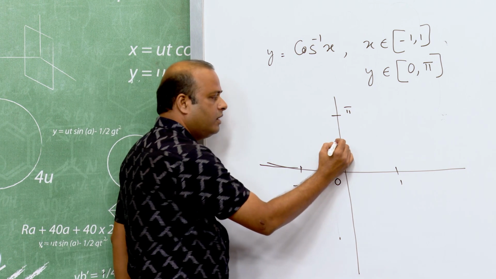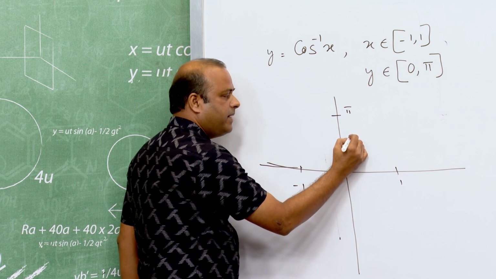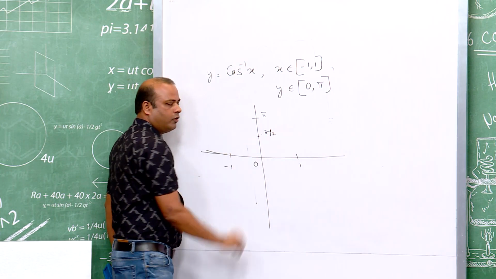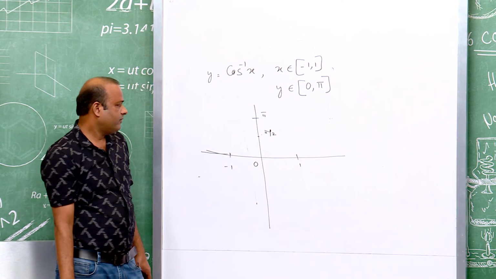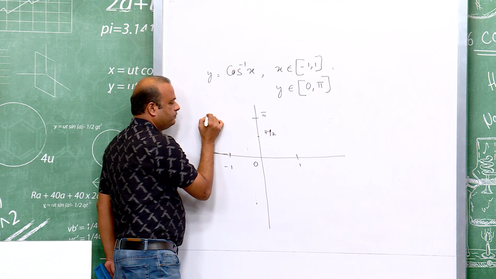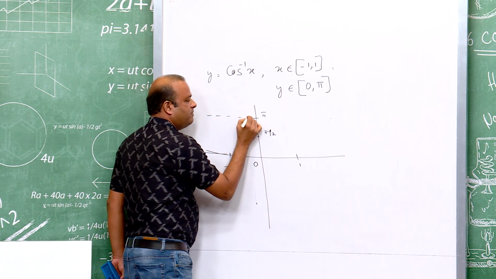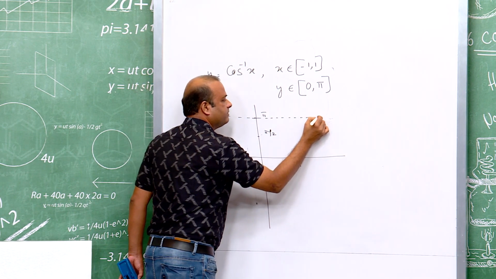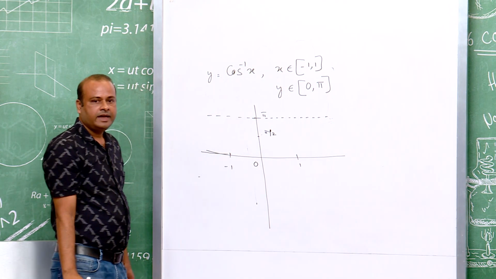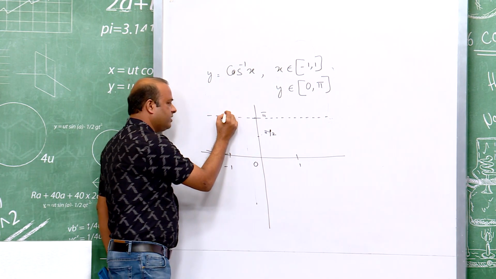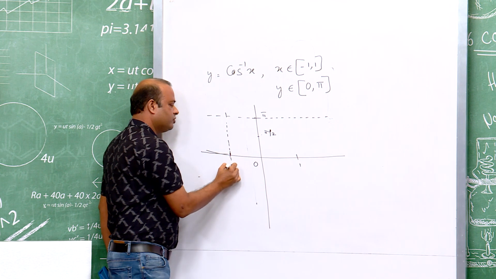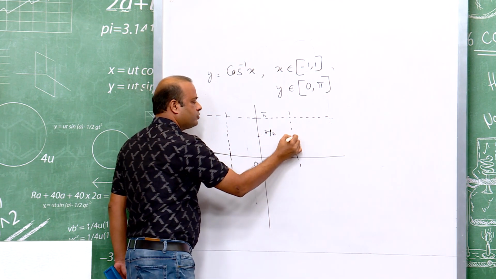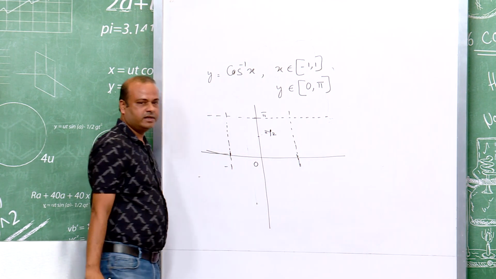So, here there is pi by 2, suppose I draw a line passing through pi by 2, and there is a restriction here from minus 1 to plus 1, right.